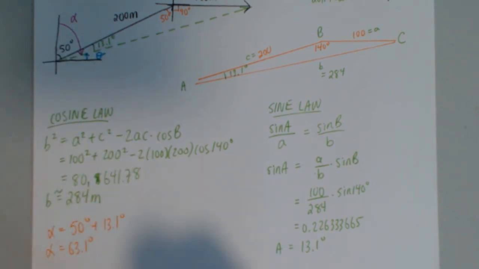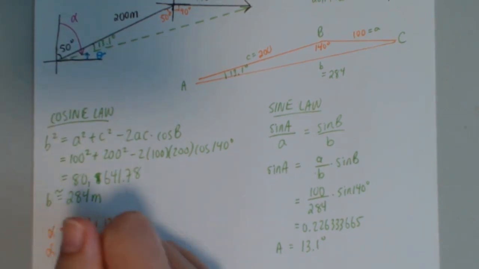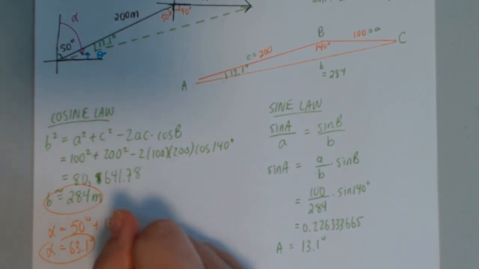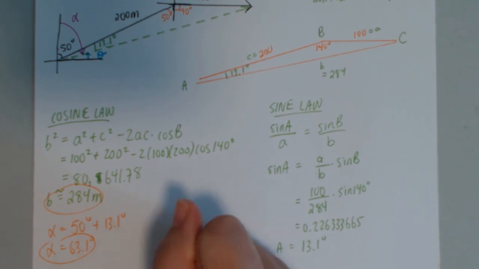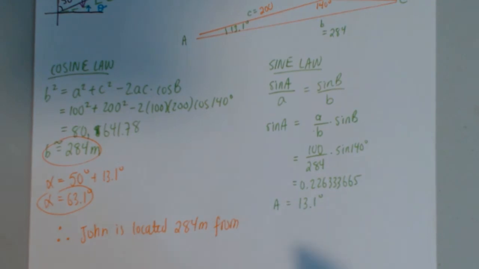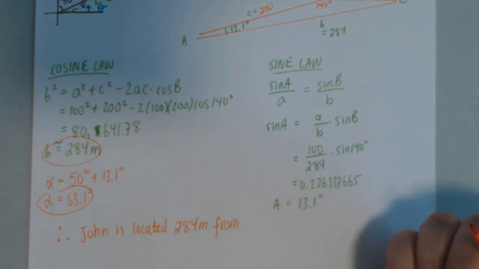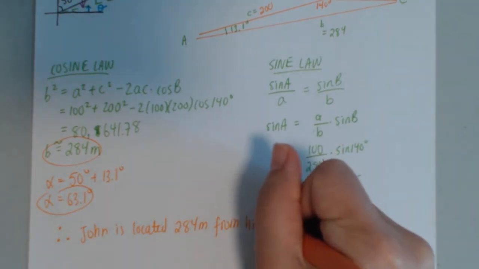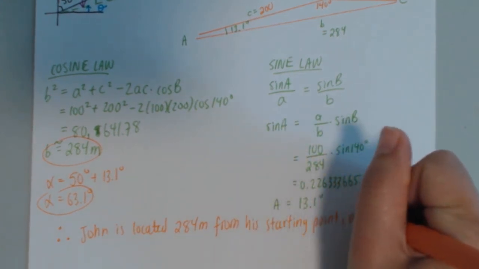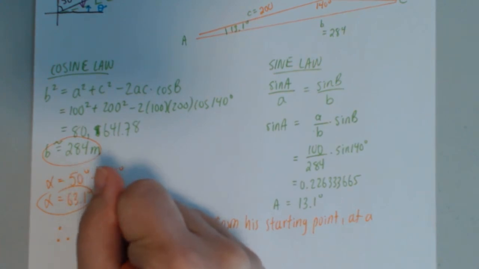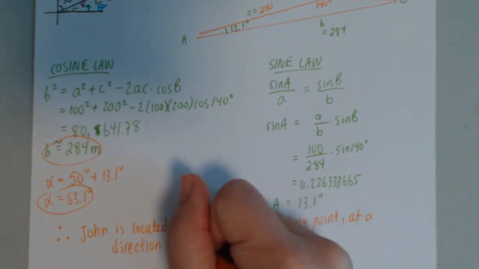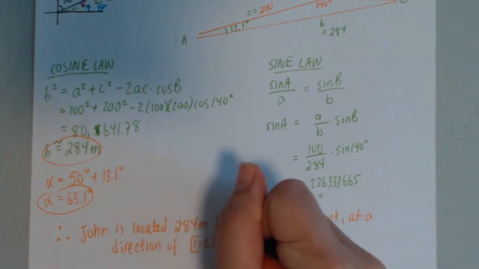And so our final answer, we have to put a therefore statement. Therefore, John, let me just circle these parts. John is located 284 meters. And I'm not writing on the screen. There we go. John is located 284 meters from his starting point at a direction of, and this goes in square brackets, north 63.1 degrees east.